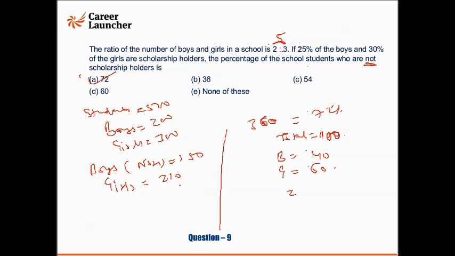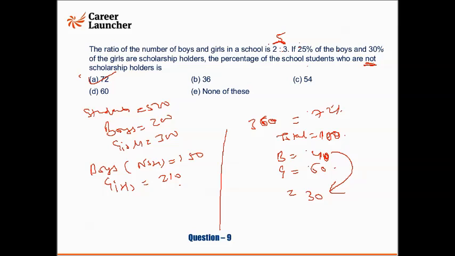Total boys are 40, correct? 25% of the boys are scholarship holders. That is 10. So remaining boys will be non-scholarship holders. And here see, 30% of the girls are scholarship holders. That is 30% of this, correct? That is 18.